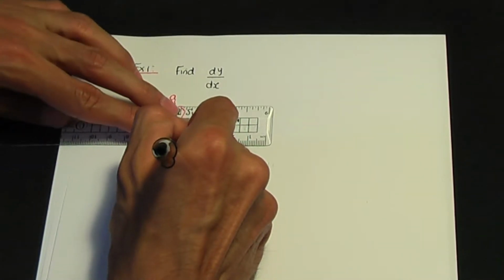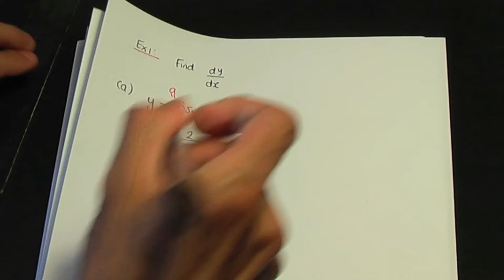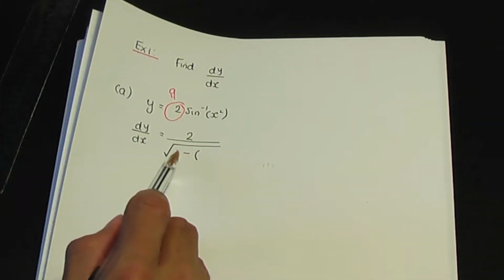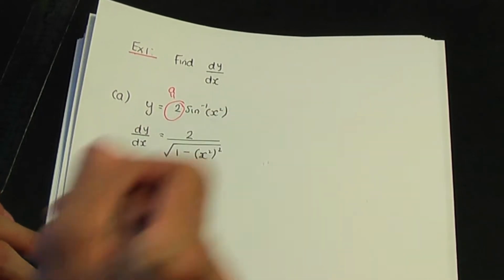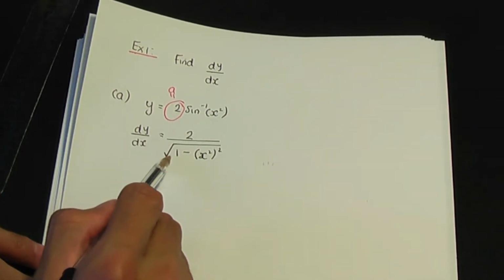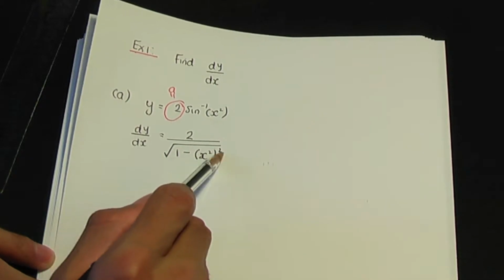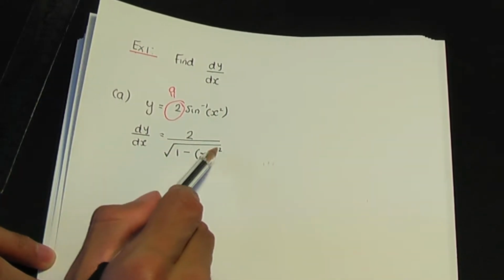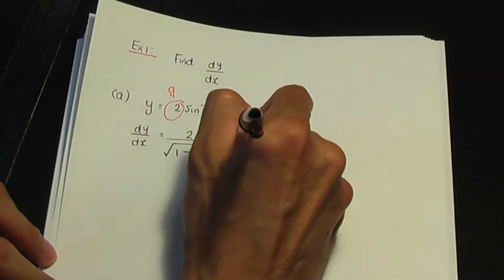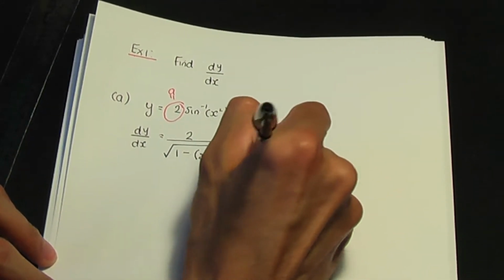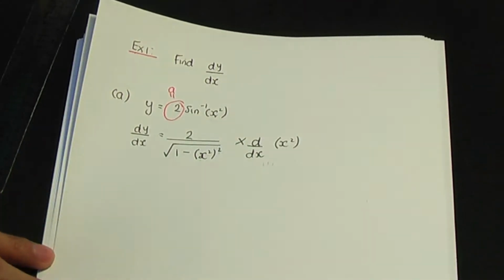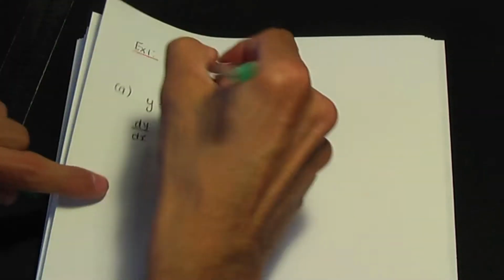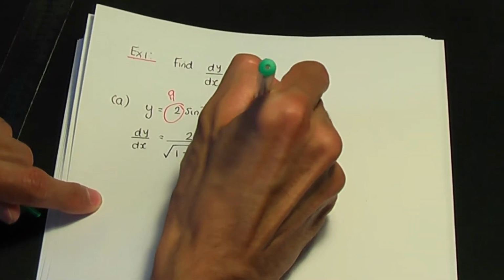Here u is x squared, so it's an x squared squared. But remember we need to multiply by d by dx of u, and u is x squared.